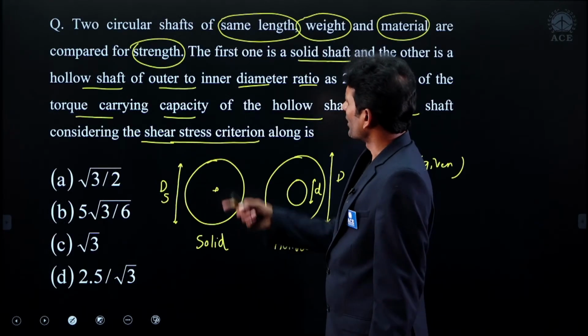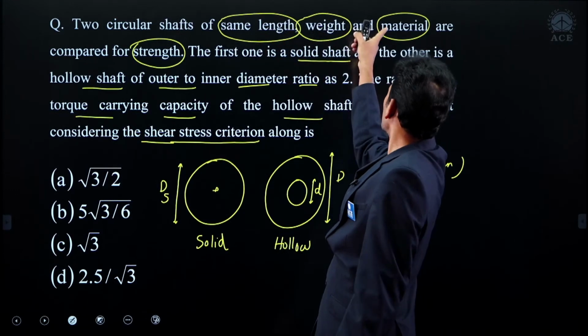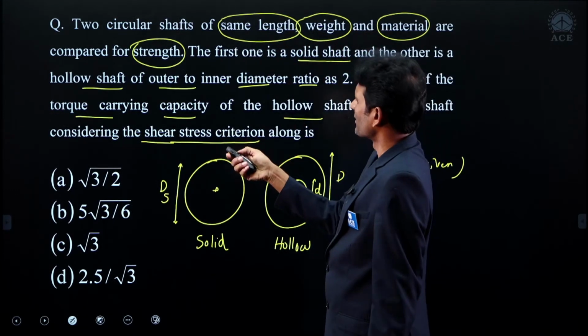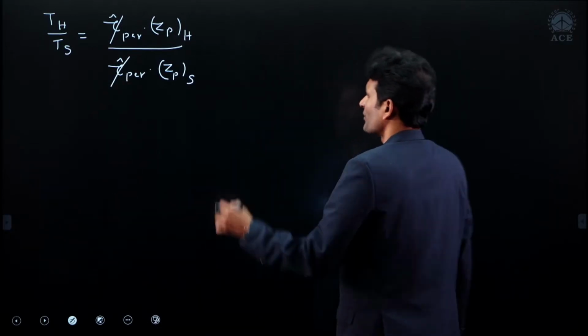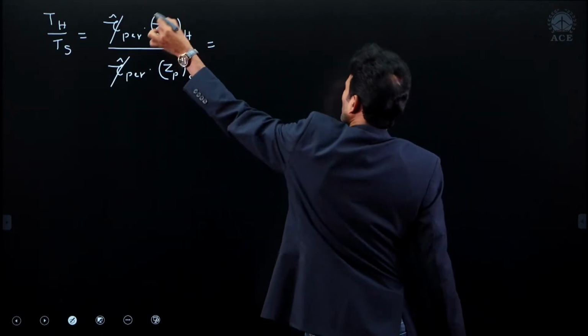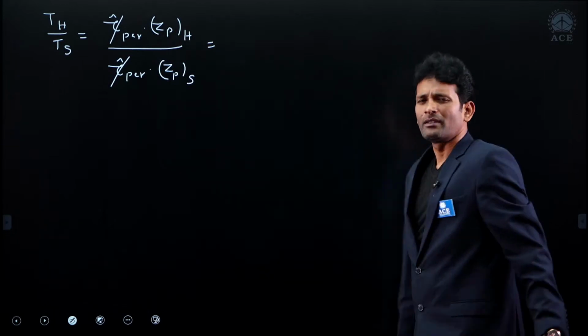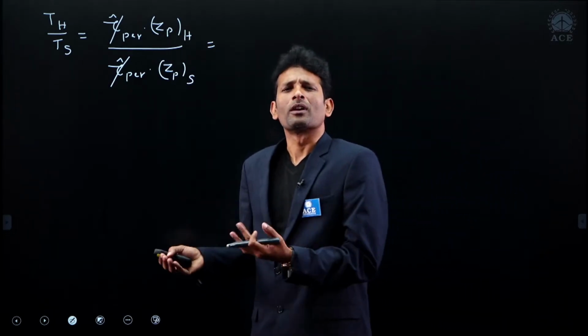Solid shaft and hollow shaft both are of the same material. Obviously, this is going to be cancelled. So I am taking the strength comparison in terms of Zp. What is Zp? Zp is nothing but the polar section modulus.